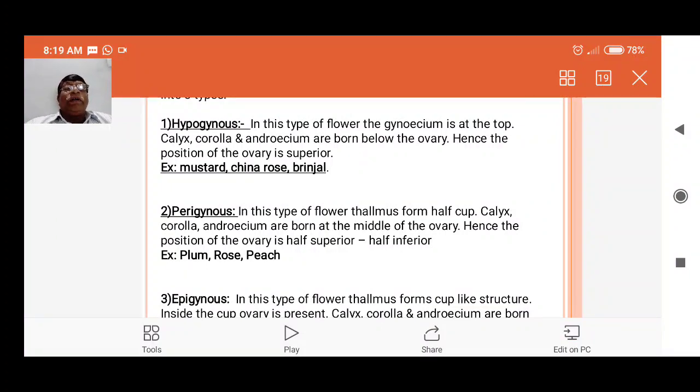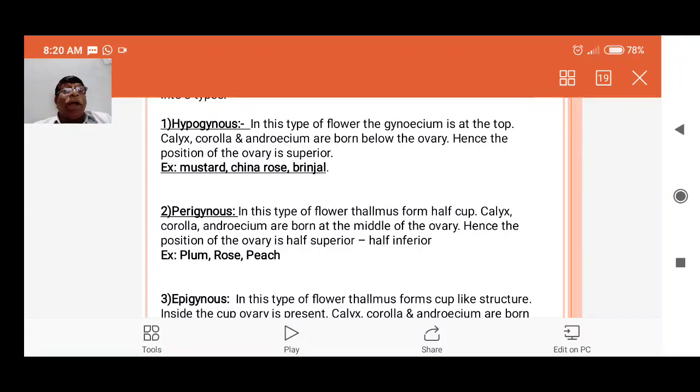Hypogynous flower, see the diagram. Example, mustard, China rose, hibiscus, brinjal flower, the flower of the brinjal plant. It's a type of flower in which the gynoecium is at the top, above the thalamus.